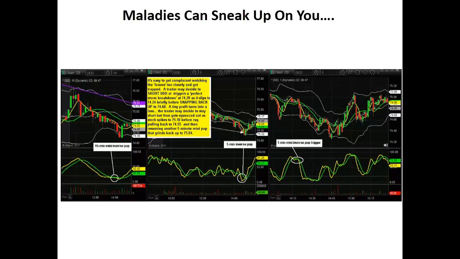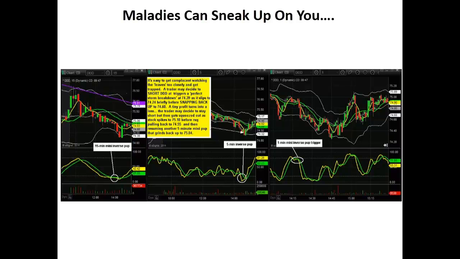The 1 minute has a mini inverse pup. The 15 minute has a mini inverse pup. And DDD downticks really quickly through 74.30. You're thinking, all right, this is good. This thing's ready to roll over. It's ready to collapse. And it downticks to 74.24.